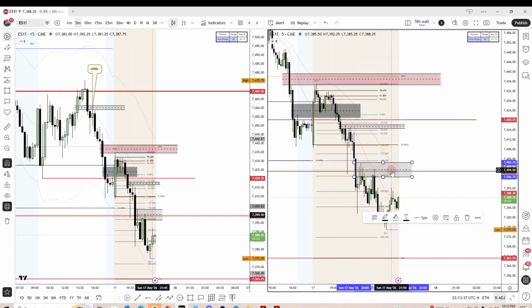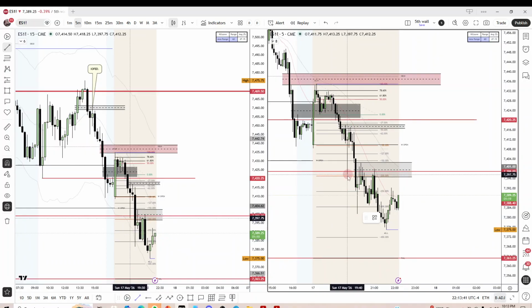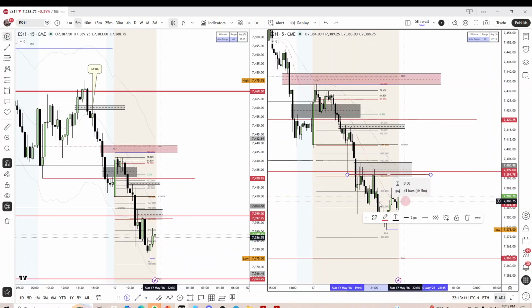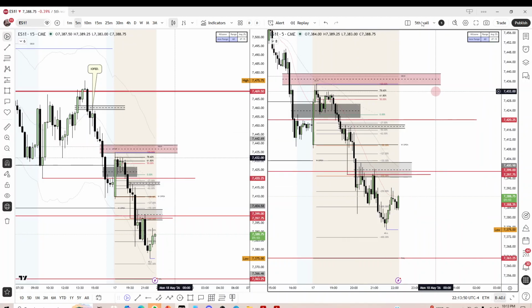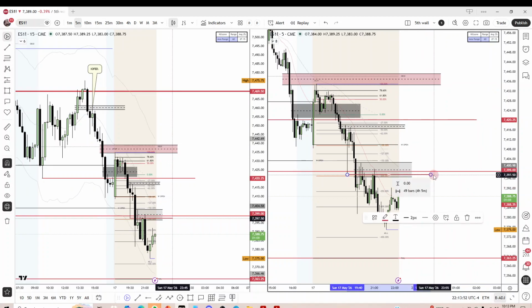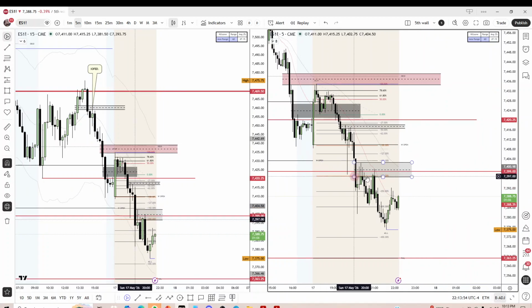So you can draw that out if you wanted to. That's just the level, so support and resistance. You can see the bodies held below this level, and the bodies of the candles held below 50% of this range of this fair value gap.